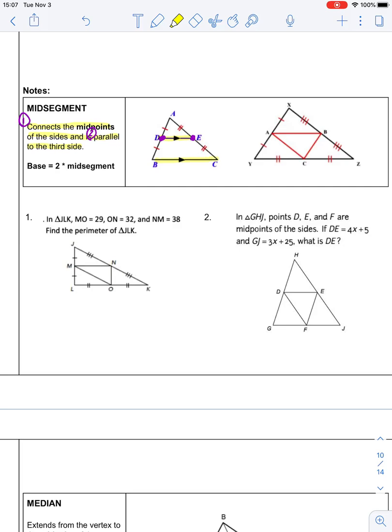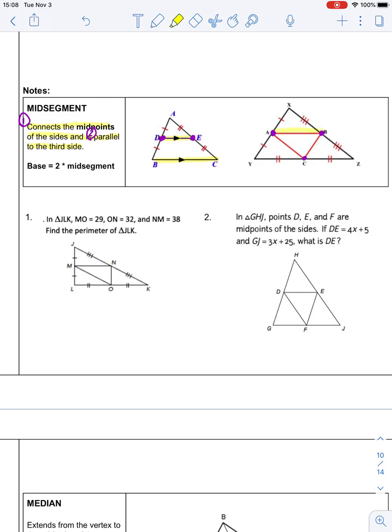Now, why that's important is because it brings up all kinds of questions involving corresponding angles and alternate interior angles and stuff like that that you can use on these kinds of problems, okay? This is a common problem that we would see. In triangle XYZ, A is the midpoint because it splits XY, B is the midpoint because it splits XZ, and C is the midpoint because it splits YZ.